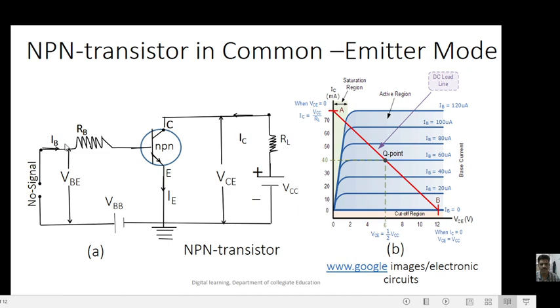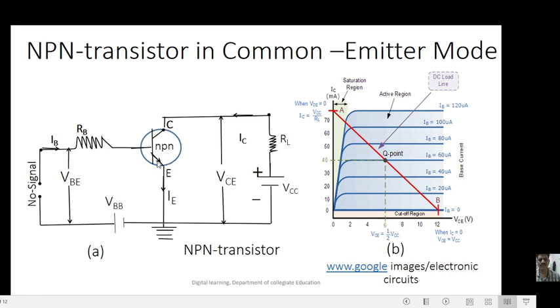RB is the base resistance. VBE is the voltage across base to emitter. And IE is the current flowing to the ground from the emitter.